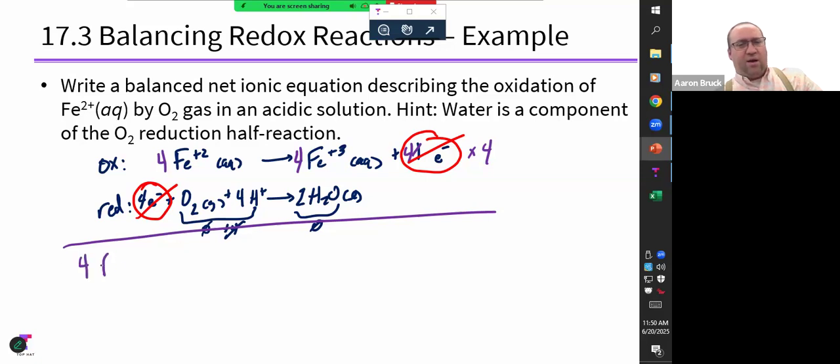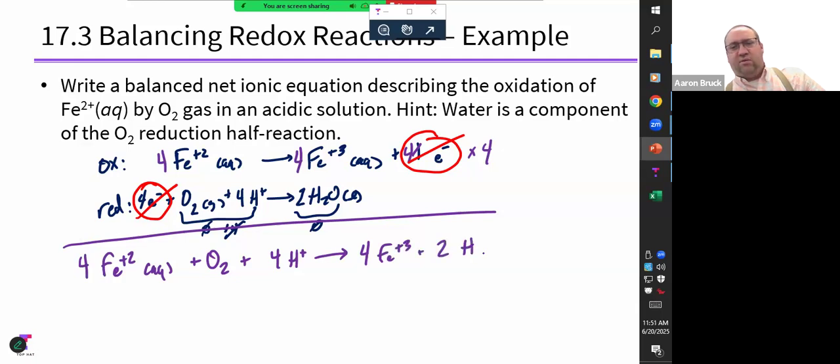I get 4 iron 2 plus ions reacting with oxygen and 4 hydrogen ions to make 4 iron 3 plus ions and 2 water molecules. That's my balanced reaction in acidic solution.